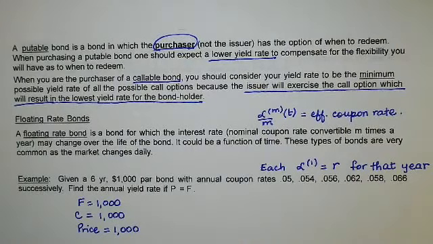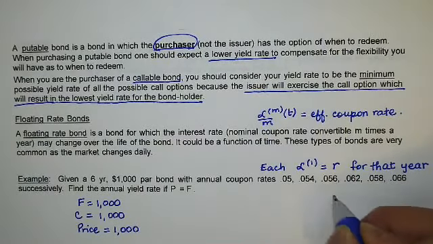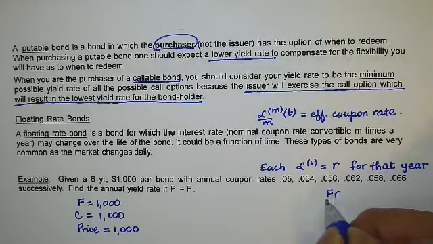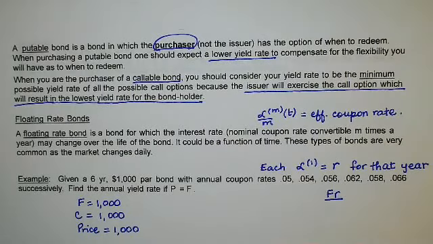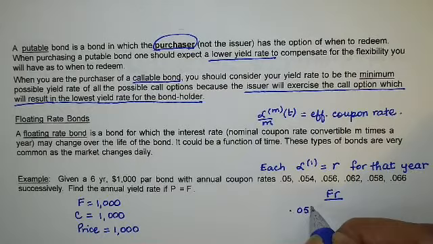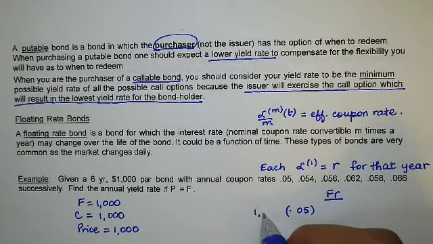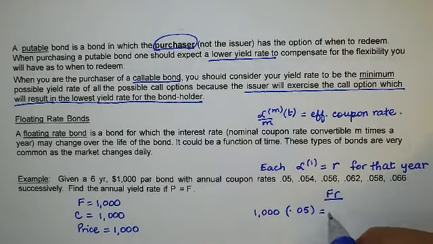So I have all these different FRs now. What are those FRs? Let's list them. FR, in the beginning, is 0.05 times 1,000. So 1,000 times 0.05, because this is F, this is R, is equal to 50.